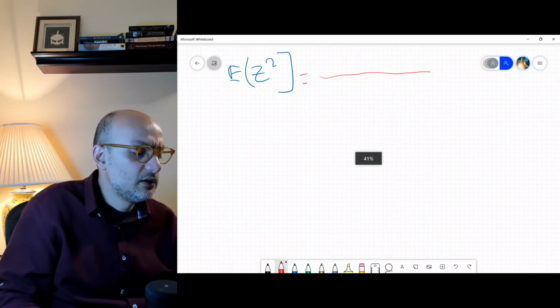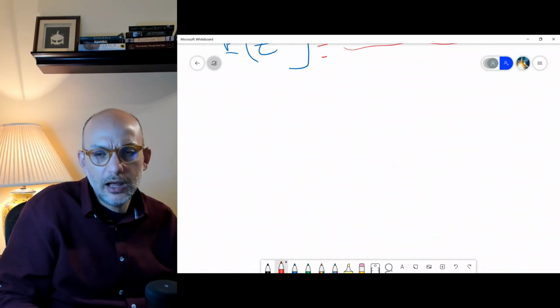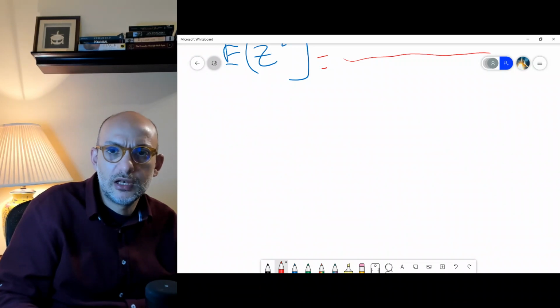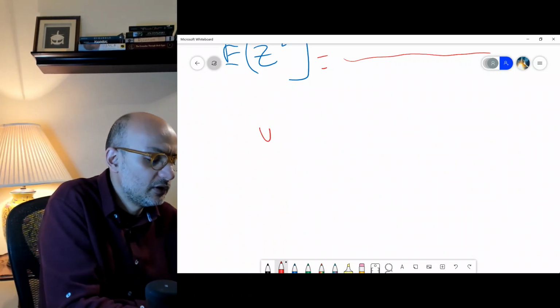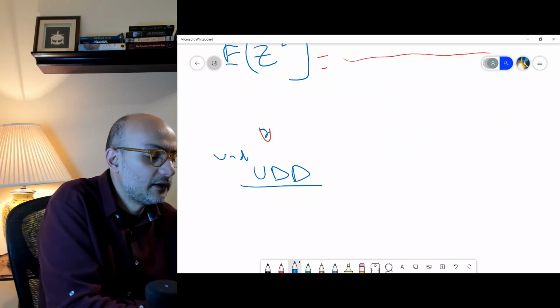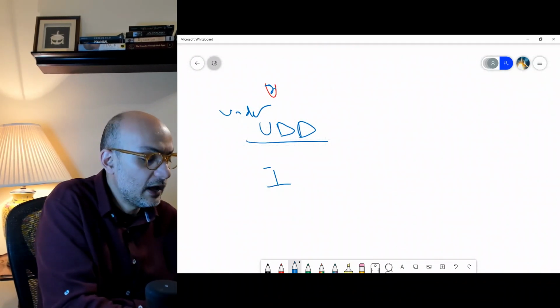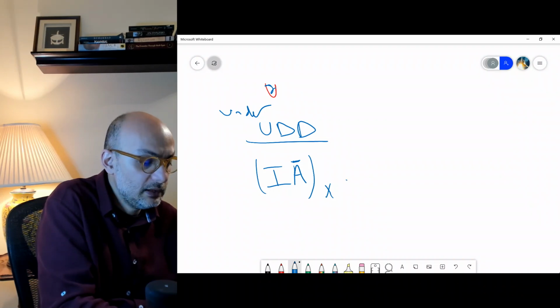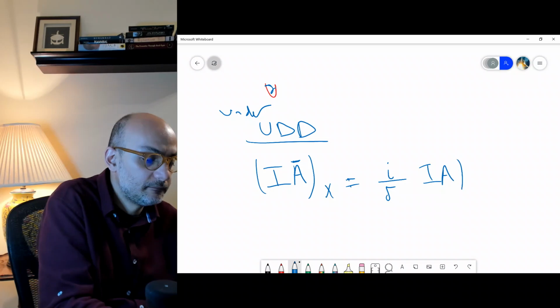The last thing is how we relate this increasing insurance, the continuous case, with the discrete case. Like what we did with the level insurance, we need the assumption of UDD, uniform distribution of death. Under this assumption, for the (IA) with payment at the moment of death for age x, you have the same logic: i over delta times (IA) for age x.